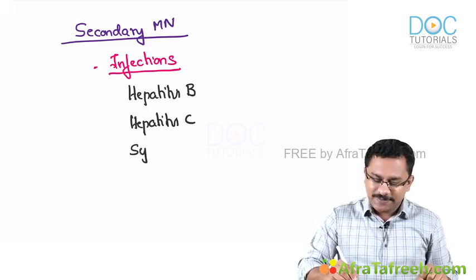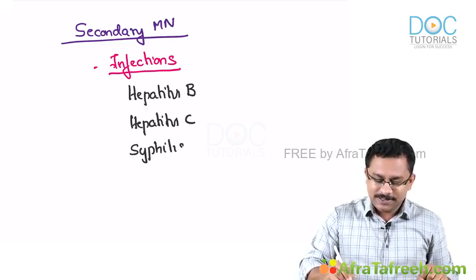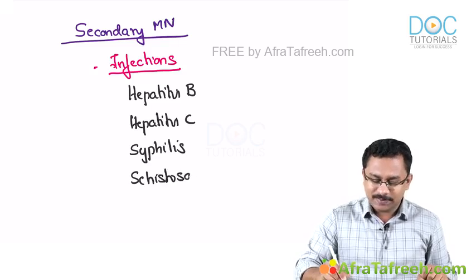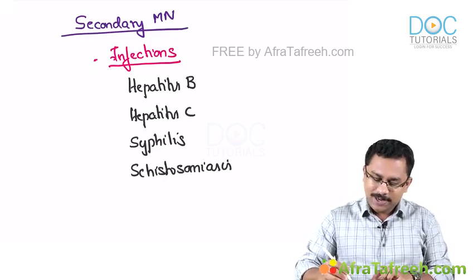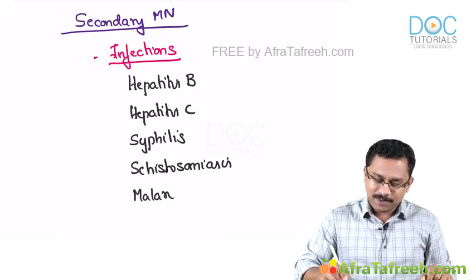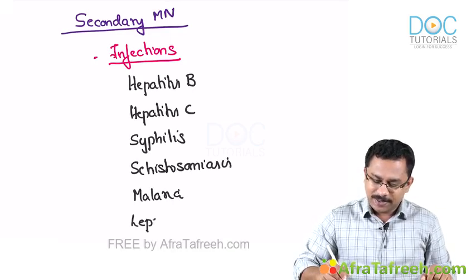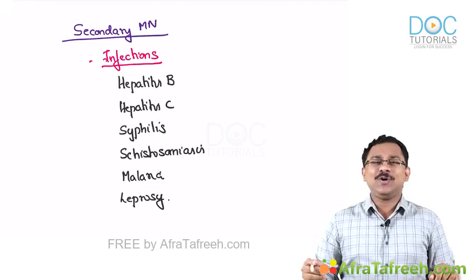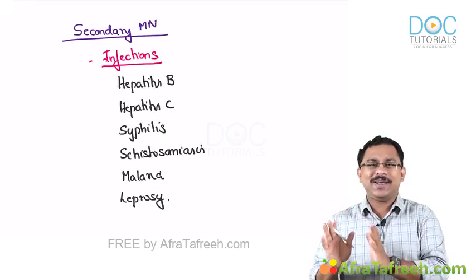Then you can have syphilis, schistosomiasis, then you can have malaria, leprosy. Okay, so all these are infections which are known to produce a secondary membranous nephropathy.